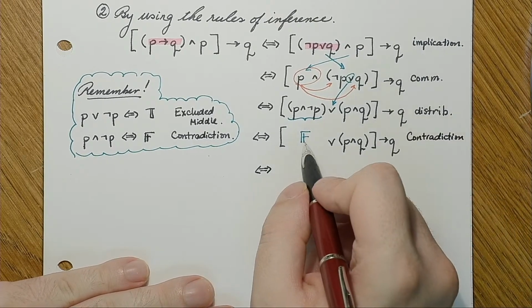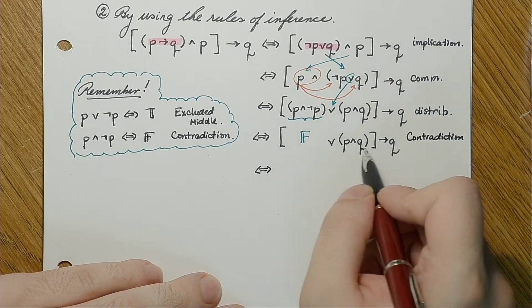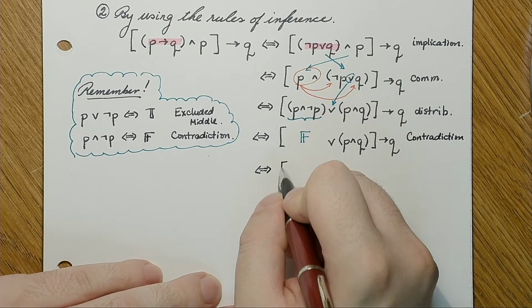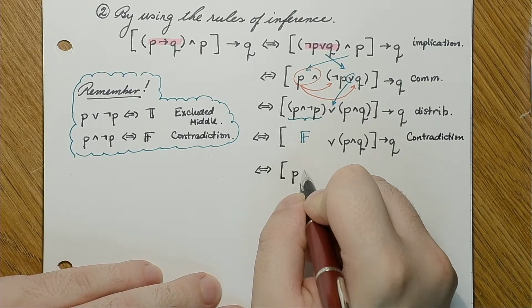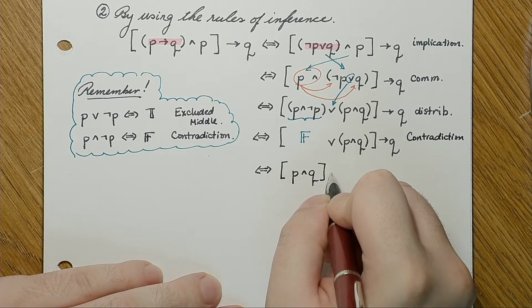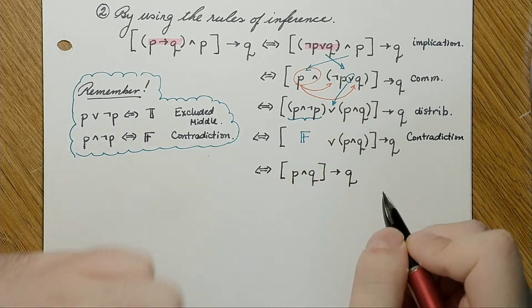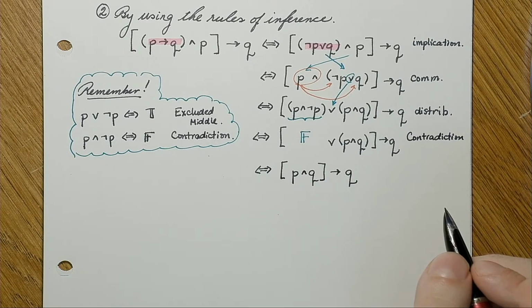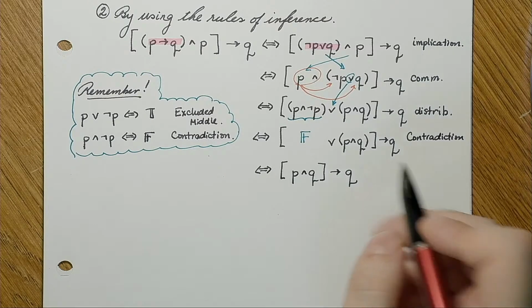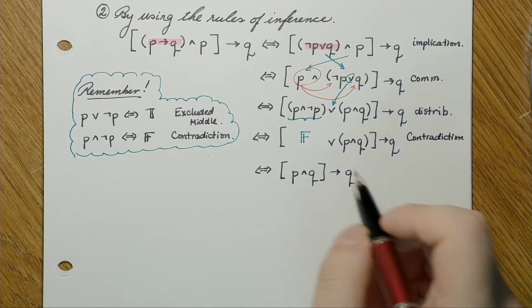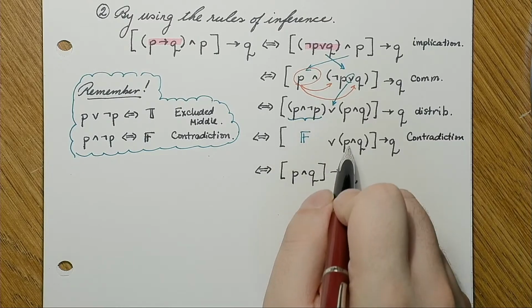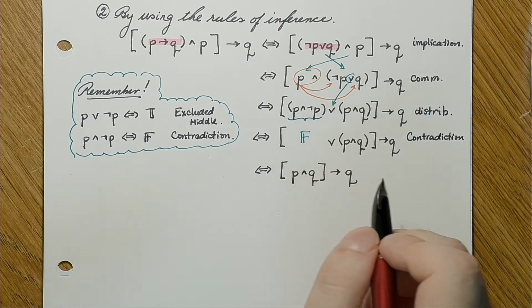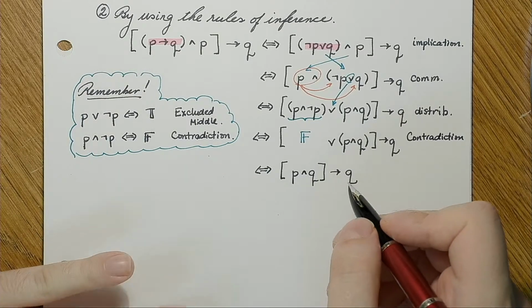What's next? A contradiction or a proposition is just the proposition. Can someone tell me what rule that was, what we did here by simplifying, not bothering writing it, with an identity? Excellent, yes.